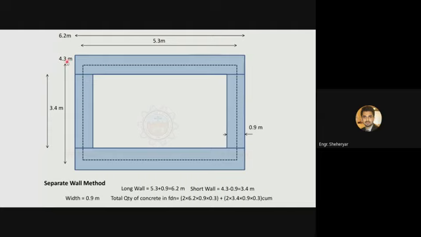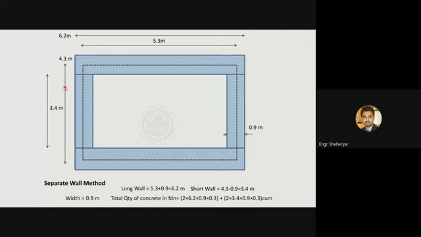Similarly, you have the center to center length 4.3 meters, but for short walls you need inner edge to inner edge measurement. So from 4.3 you will subtract half thickness of the wall for this side and half thickness of the wall for this side.